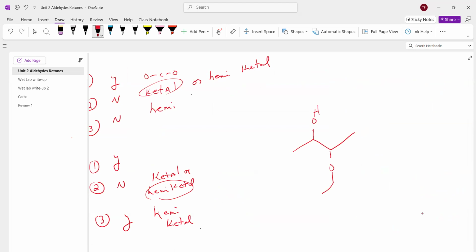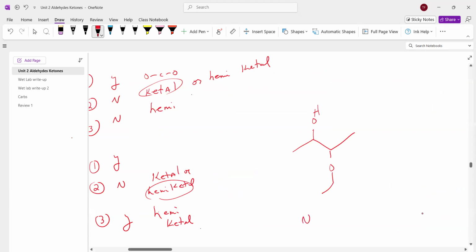Is this a ketal, hemiketal, hemiacetal, or an acetal? Well, does it answer the first one? Is there an OCO there? No.